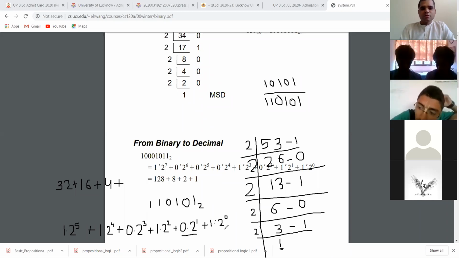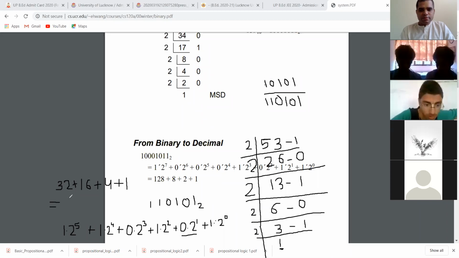So 1 into 1 कितना हो गया? 1. Okay. So what you get? You add this. What is the answer? 53. So this is verified.